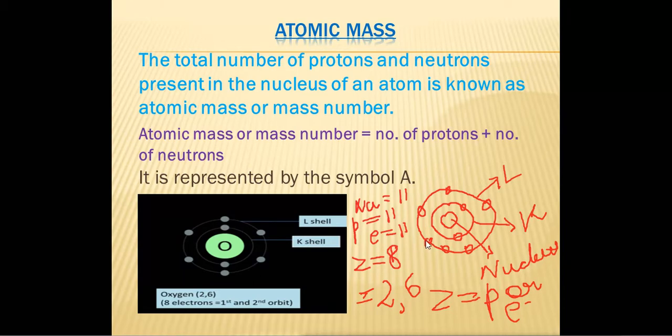Then only the atom will become neutral. Proton carries a positive charge, electron carries a negative charge. If the positive charge equals the negative charge, then only the atom will be electrically neutral. So this is the little concept about the atomic number and the number of protons and electrons.